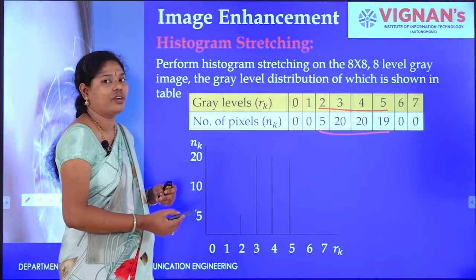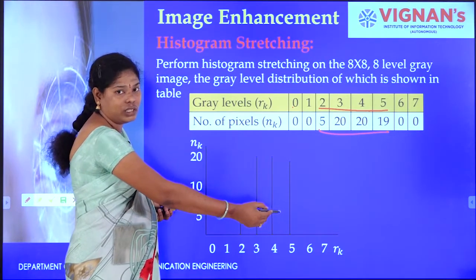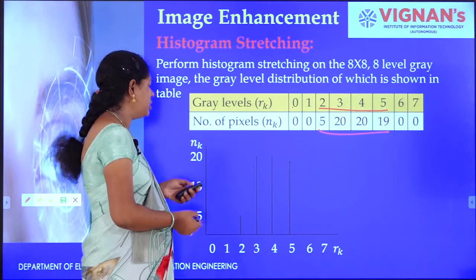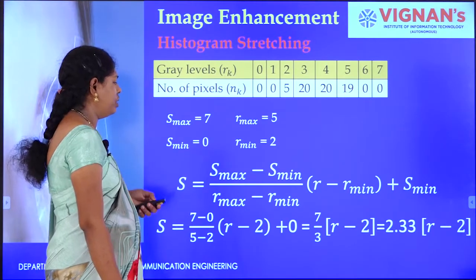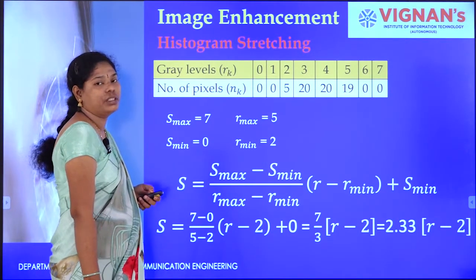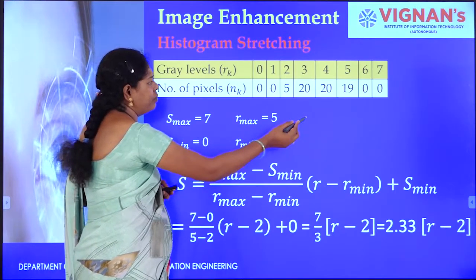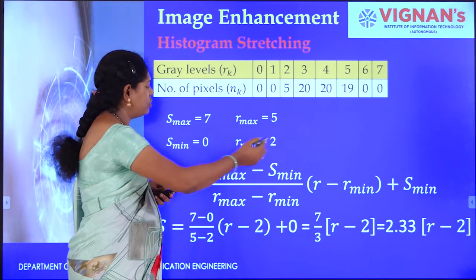To get a high contrast image, we have to spread over the region from 0 to 7. By using this histogram stretching formula, we can spread the pixels over the region from 0 to 7.